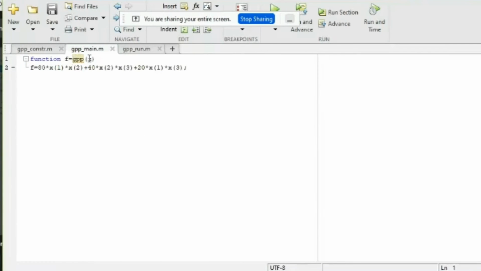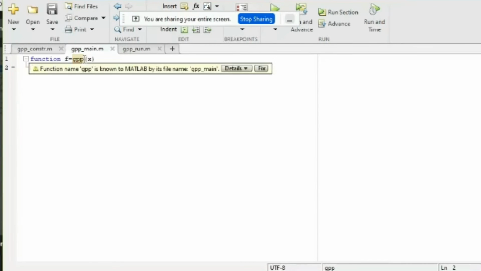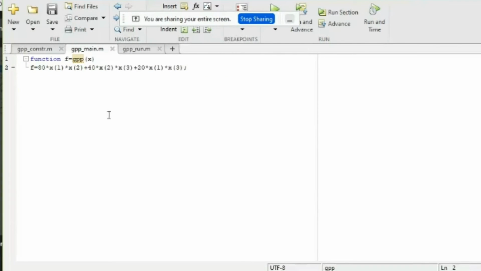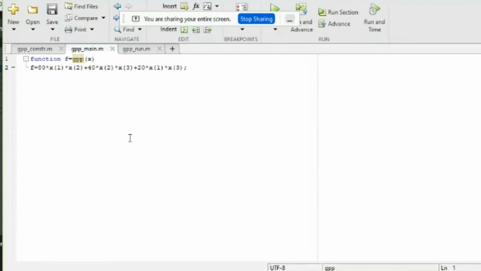GPP underscore main, with the same file name we have to save it.